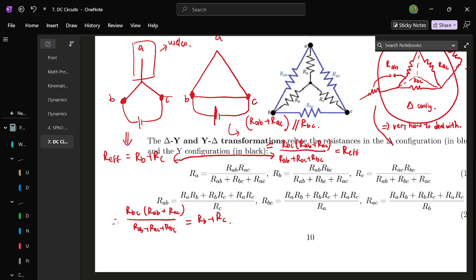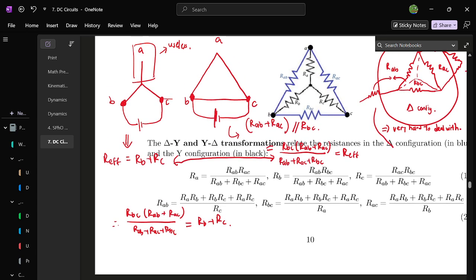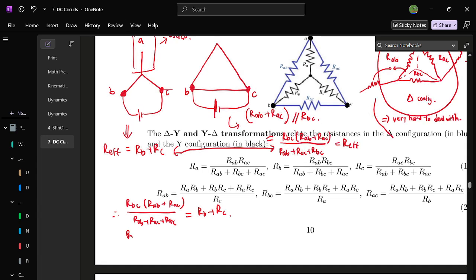Now, if you repeat this same argument over any two pairs of points, you will get two more equations. So let's say you connect points A and B, you get one equation. You connect points A and C, you get another equation. And they'll look something like this.